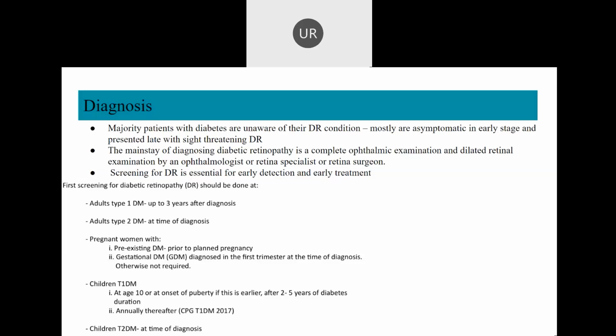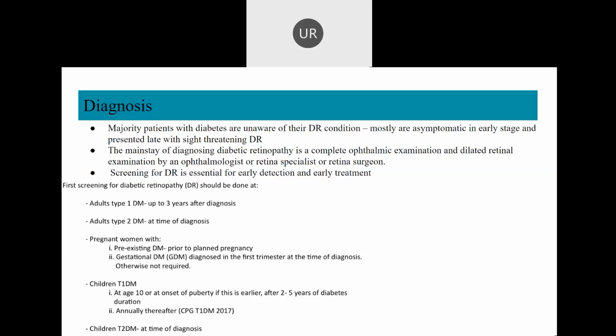Screening of diabetic retinopathy is essential for early detection and early treatment to prevent progression to the advanced stage of diabetic retinopathy. These are the screening years according to the categories.